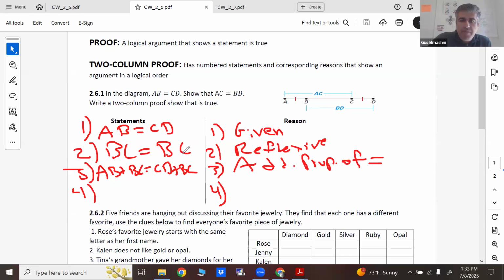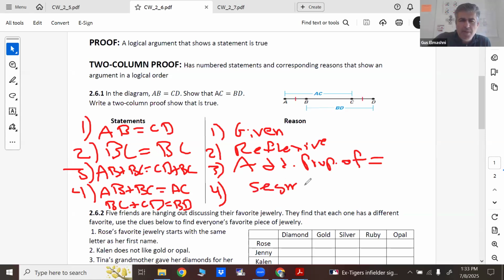Then, well, AB plus BC equals AC. And at the same time, I could say BC plus CD. And we call that segment addition postulate.